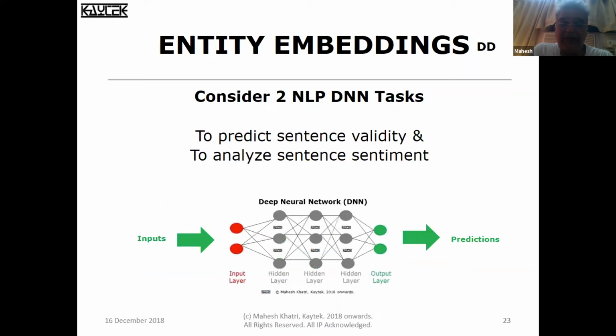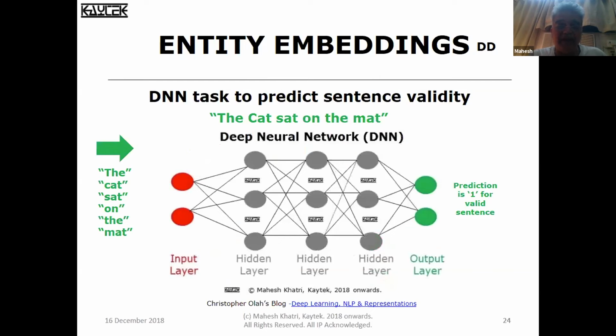And I could have another task which is to analyze the sentiment of the sentence. I have shown a diagram of a deep neural network, with inputs on the left hand side, the input layer, the predictions, and multiple hidden layers in between. Let's say I have a sentence, "the cat sat on the mat," and this is a valid sentence. So the prediction is 1.